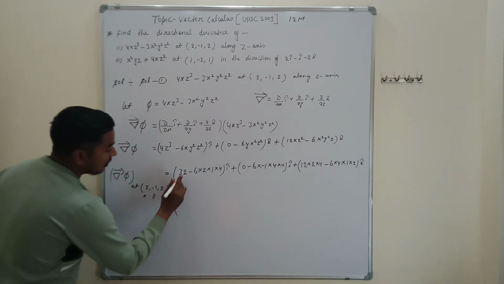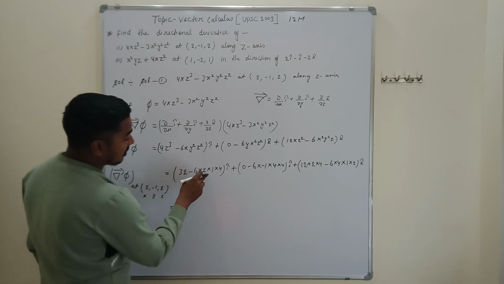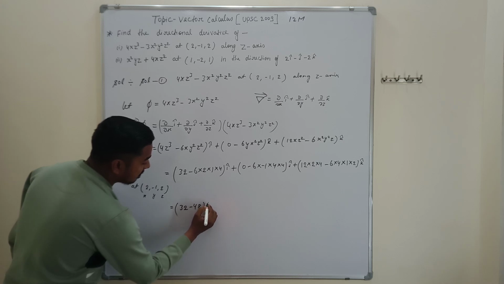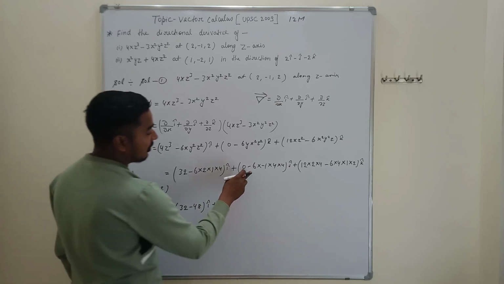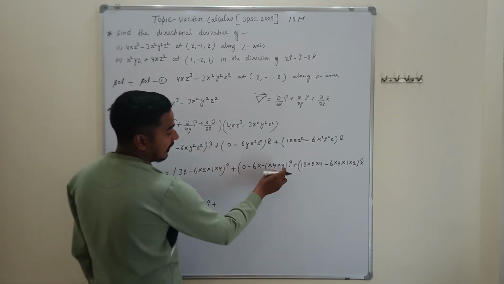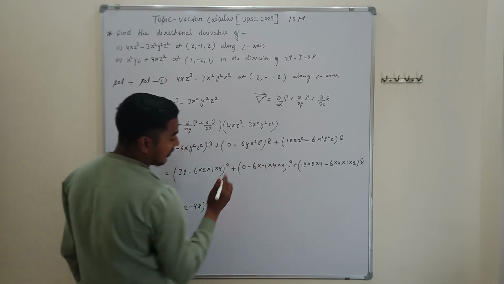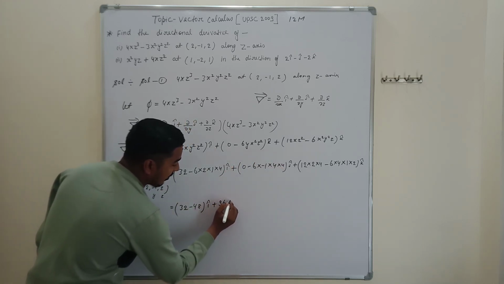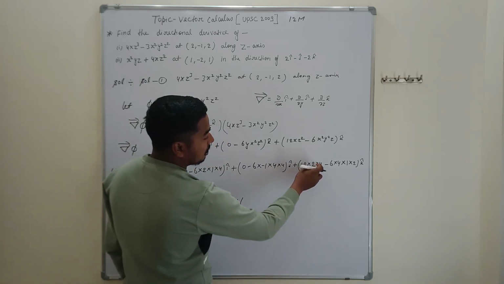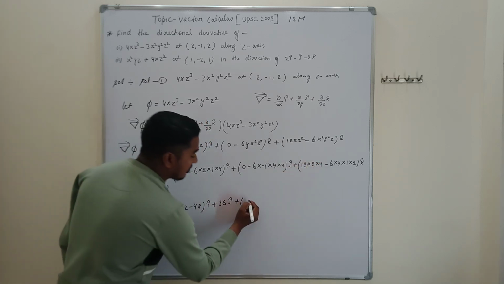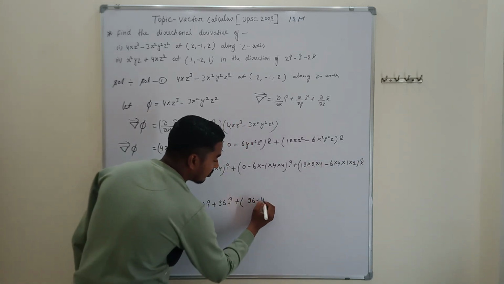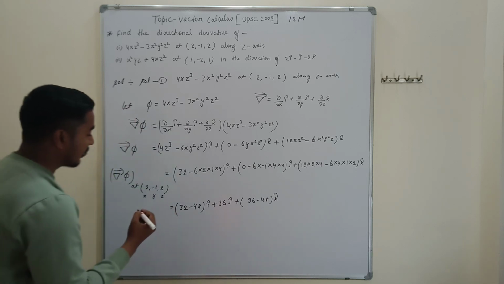We get 32, and 6 into 12, 12 fours are 48, minus 48 i cap, plus minus 6 into minus 1, this is plus 6, and 4 fours are 16, and 16 sixes are 96, so 96 j cap, and plus 4 into 8, 12 eights are 96, minus 6 fours are 24, 24 twos are 48, and this is k cap.